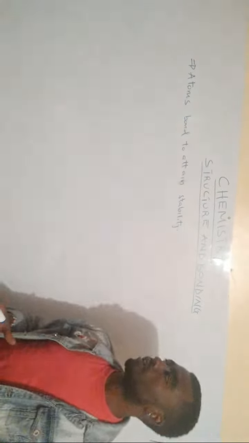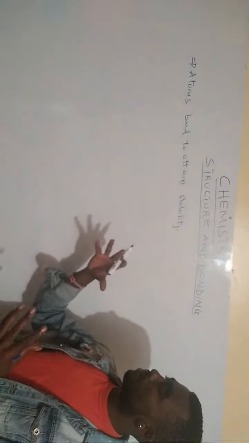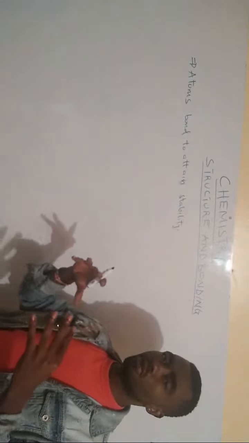Atoms bond. Remember, you defined the term atom as the particle of an element that cannot be split further by any chemical means. I know those are terms you understand because we are in the chemistry class. So atoms, we say they bond. The purpose of atoms bonding together is to attain stability.